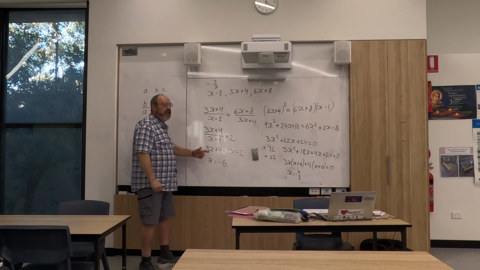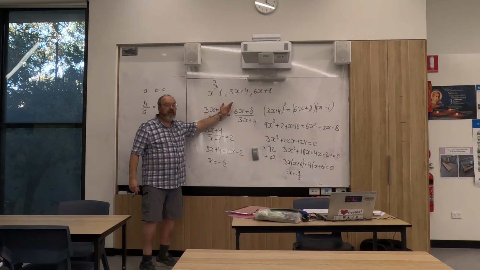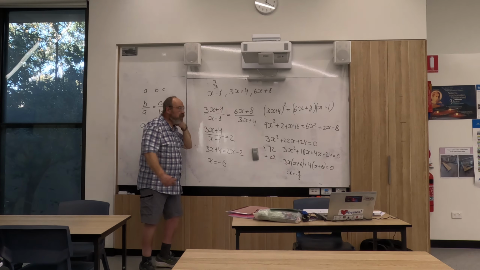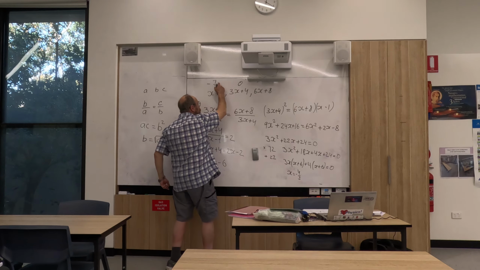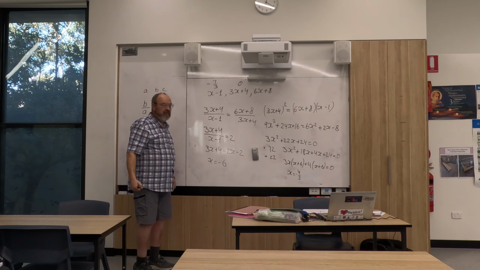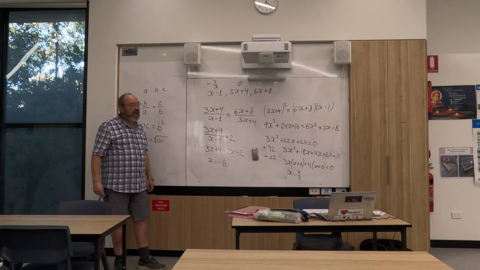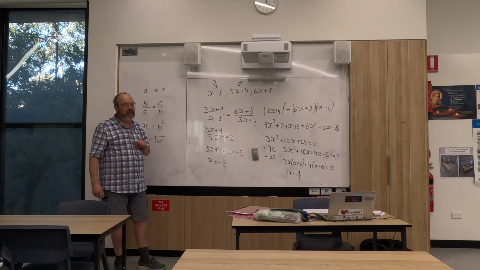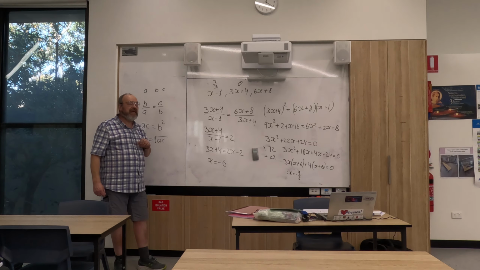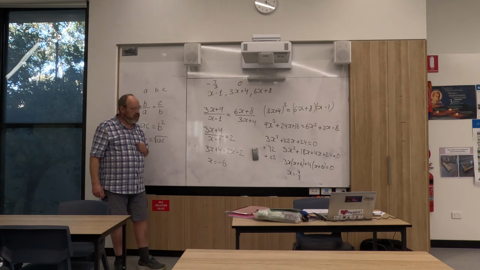How can we get the next term 0? We need to multiply by 0, but 0 cannot be a common ratio. So yes, we can get the second one, but it does not make a geometric sequence.